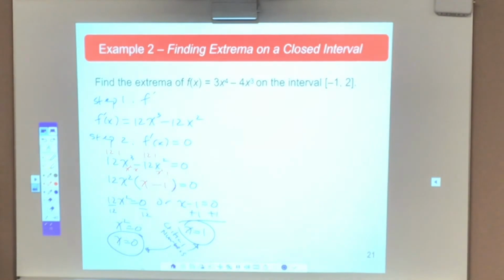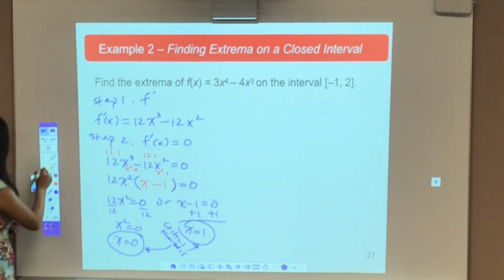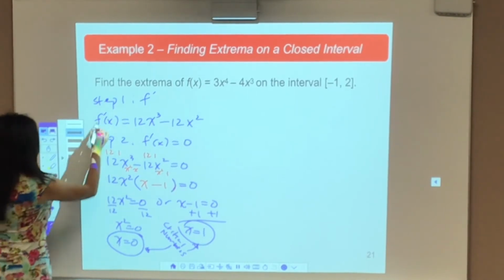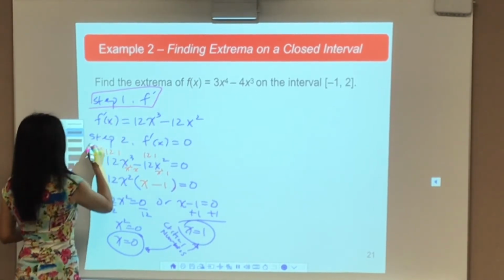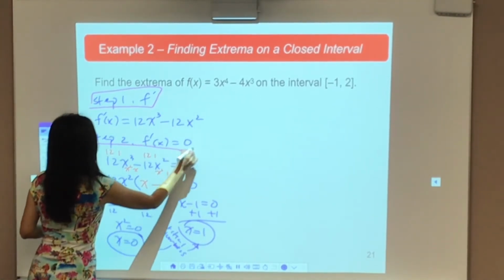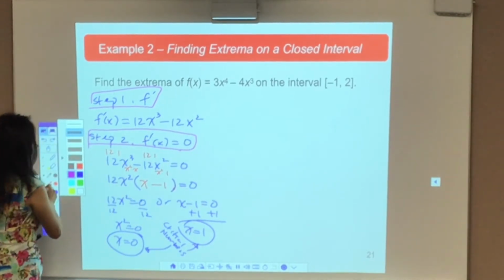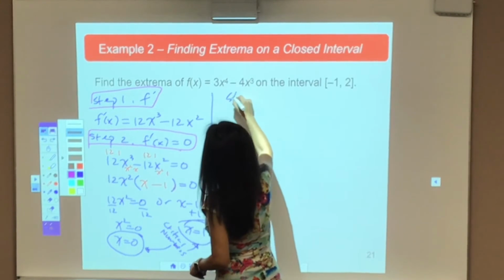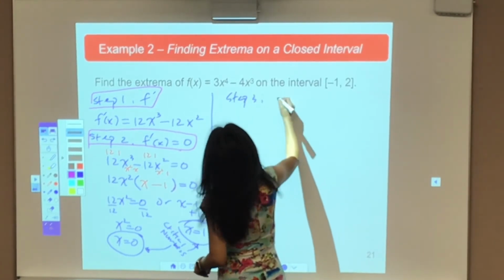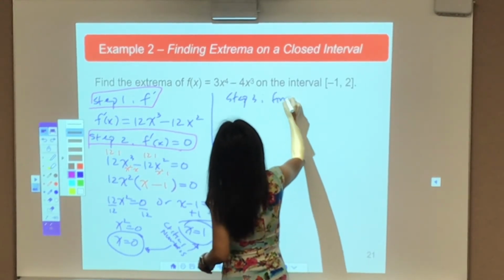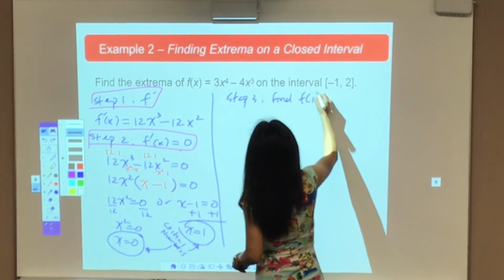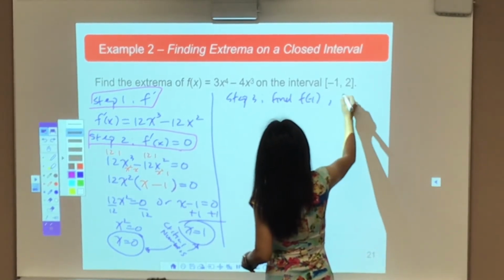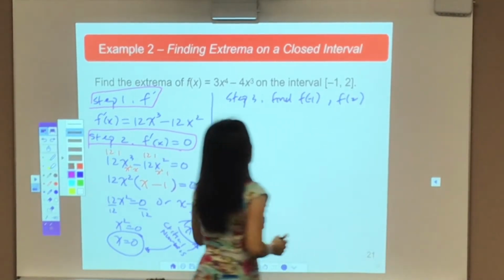There are 2 critical numbers. What does step 3 say? Step 3 says I have to find the 2 endpoints, right? Am I right?